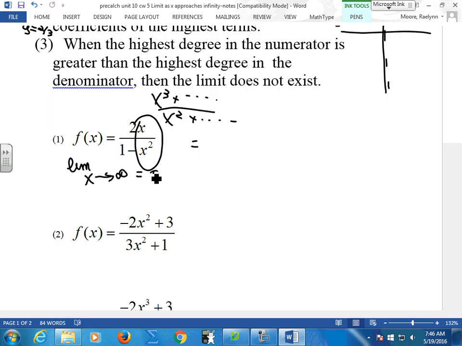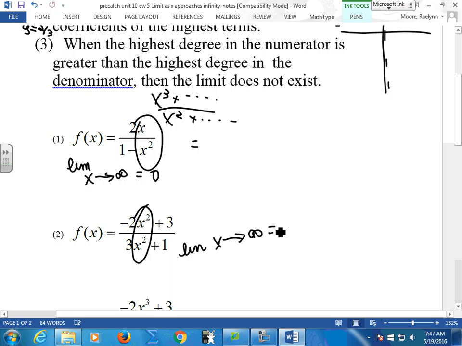When the degree in the numerator is equal to the degree in the denominator, that's your second one. My asymptote was -2/3, so now I say this. The limit as x approaches infinity is what? -2/3. I just got rid of my y equals, that's all. I just said y is going to eventually be negative 2/3 if it could ever reach that.